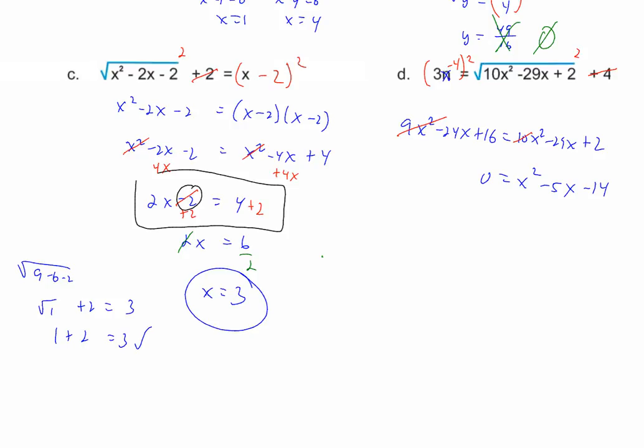So does this thing factor? A negative 14, 2 and 7, right, with a 5 difference. We like that, and the 5 needs to be negative, so it must be negative 7 and positive 2. So now we get x equal negative 2 from the front binomial and x equals 7 from the back binomial.